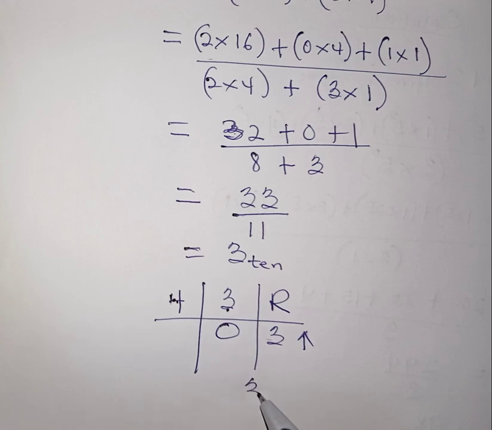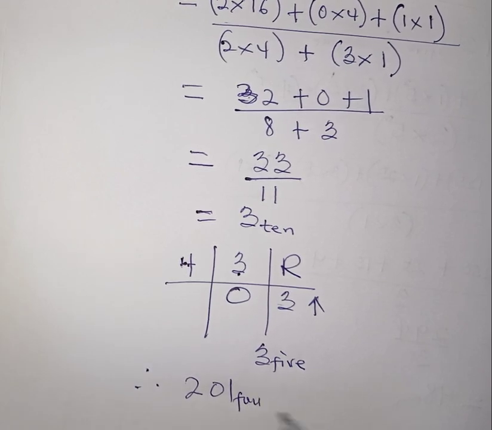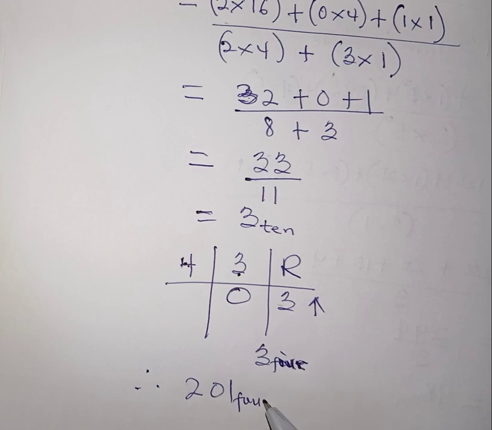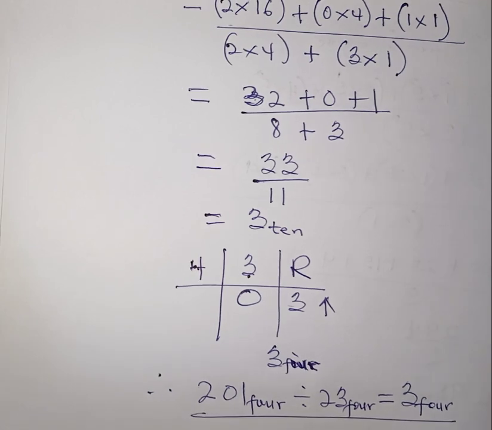So our answer is 3 base 4. We can conclude that 201 base 4 divided by 3 base 4 is equal to 3 base 4. So this one is also basic. Whenever you are given these types of questions, that is how you go about it.